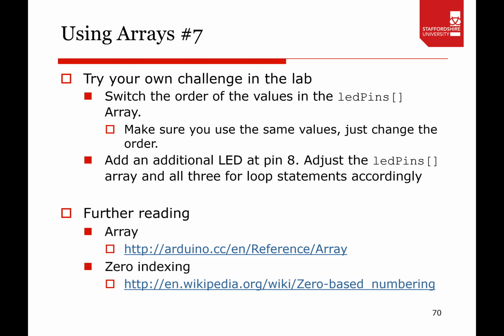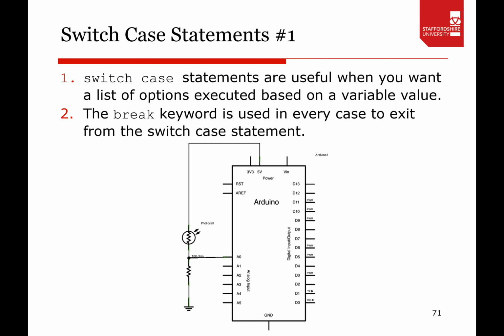Now we have some switch case statements, another in the next example. Switch case statements are useful when you want a list of options executed based on a variable value, such as a sensor. The break keyword is used in every case to exit from the switch case statement.